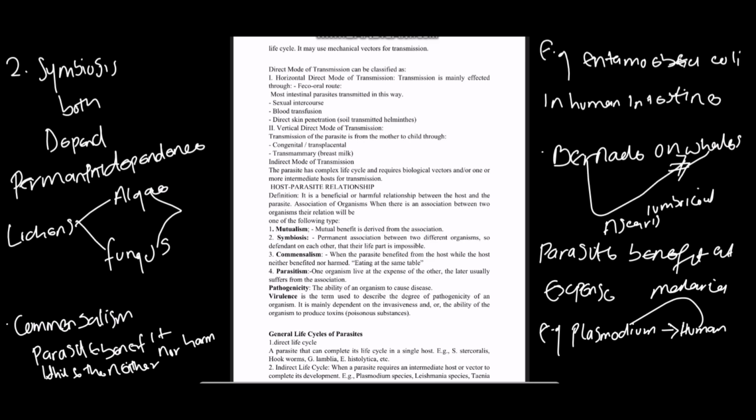Pathogenicity is the ability of a parasite to cause disease. Virulence refers to how severe the disease is, and it depends on factors like the toxin produced by the parasite and the degree of invasiveness of the parasite.